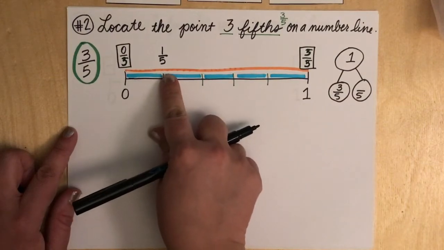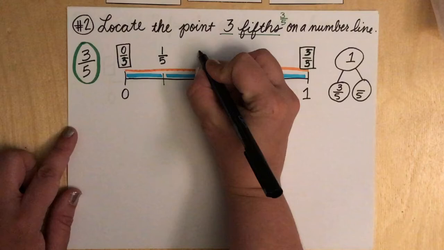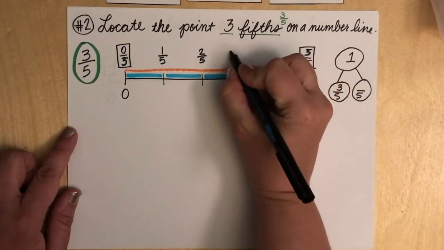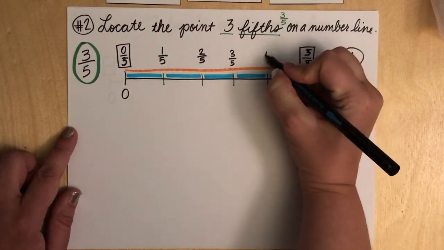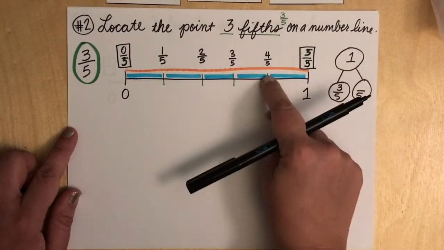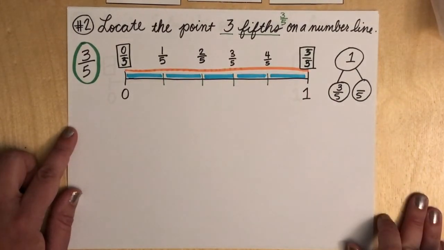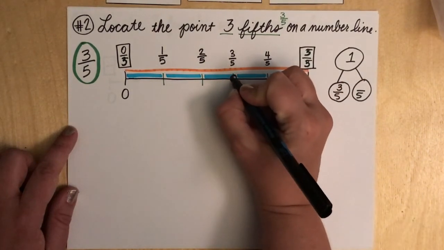Now if we keep going and we travel another fifth, how far have we gone? 2/5, 3/5, 4/5, 5/5, or 1 whole is already labeled. But we're not done because it said to locate the point 3/5 on the number line. So go ahead and put a circle or a dot where the 3/5 is. And we're going to put it right here.